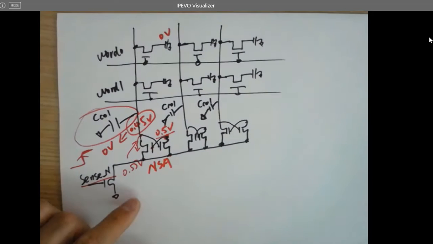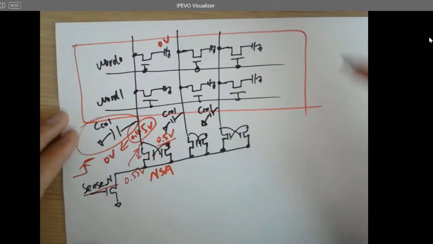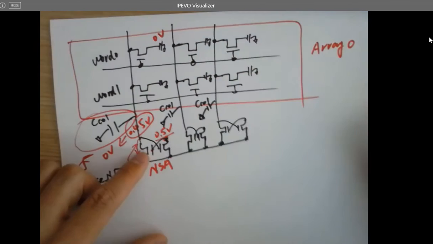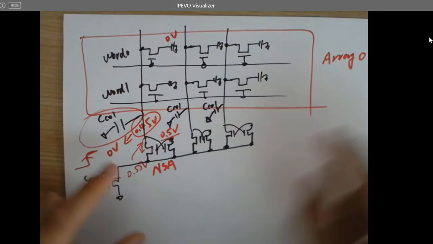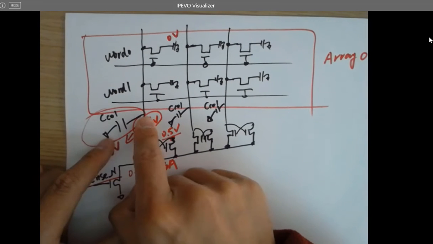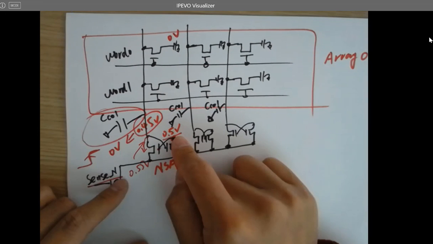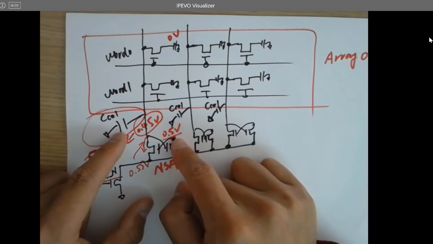And also, there's another problem for this guy. For example, this is array 0. And this is the ideal case. However, the column capacitance over here can be different compared to here, because this is being used as a reference. The capacitance will be very different from this one.